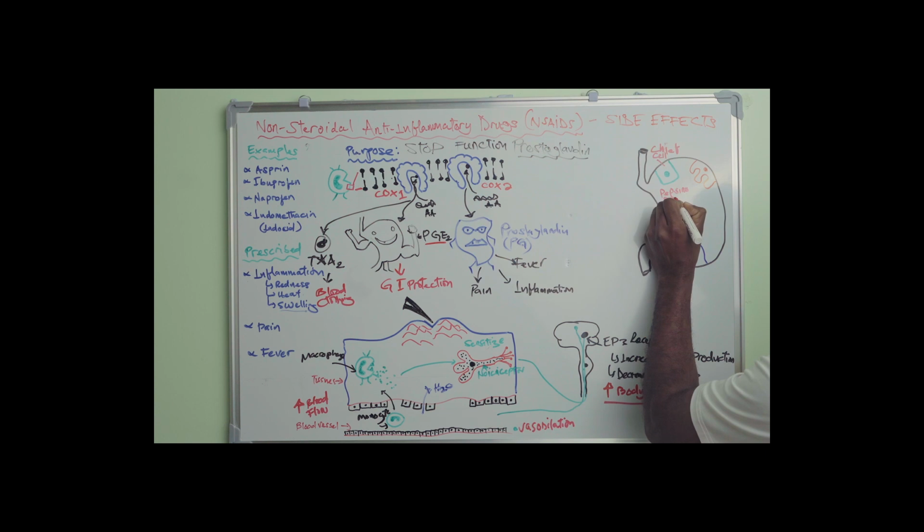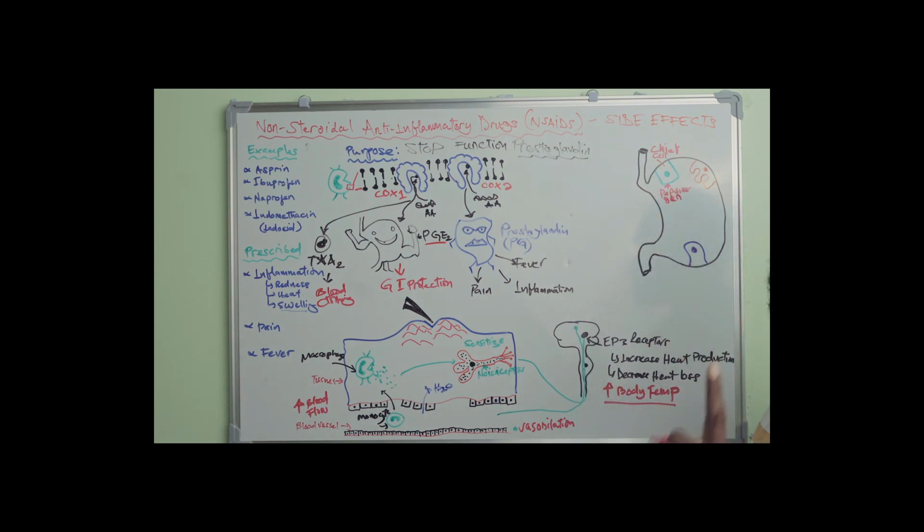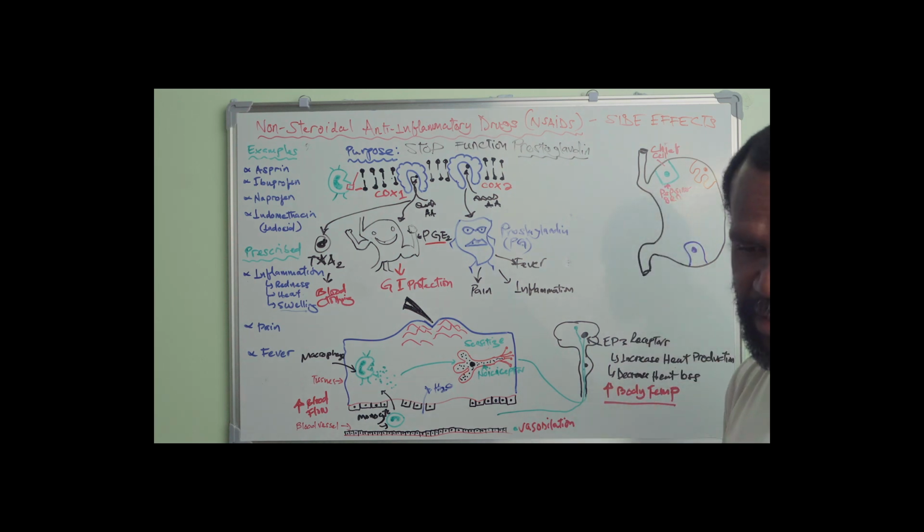This chief cell produces an enzyme precursor called pepsinogen.